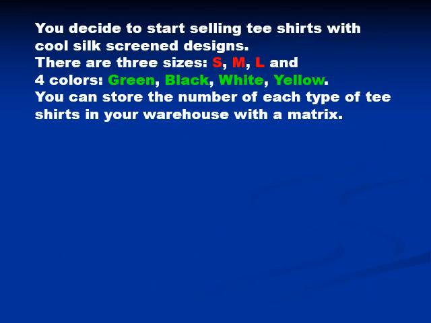All right, so let's do an example here. You decide to start selling t-shirts with some cool silk screening designs. There are 3 sizes of t-shirt, small, medium, large, and there are 4 colors. You can either get a green t-shirt, a black t-shirt, a white t-shirt, or a yellow t-shirt. You could store the number of each type of t-shirt in your warehouse in a matrix.